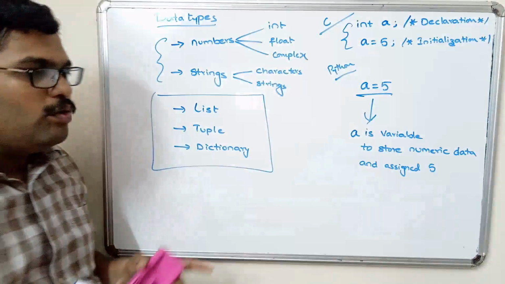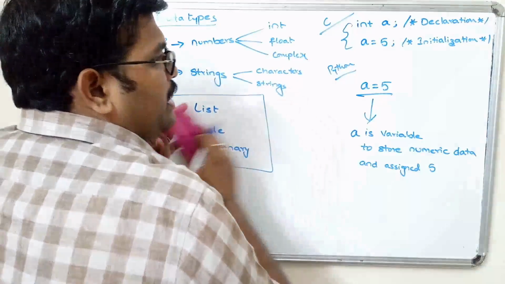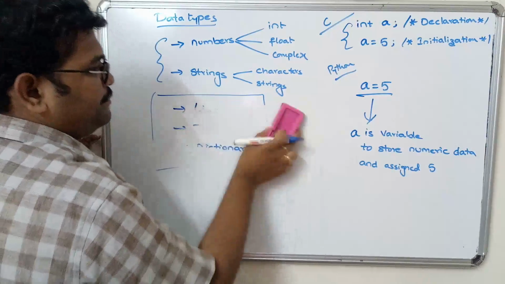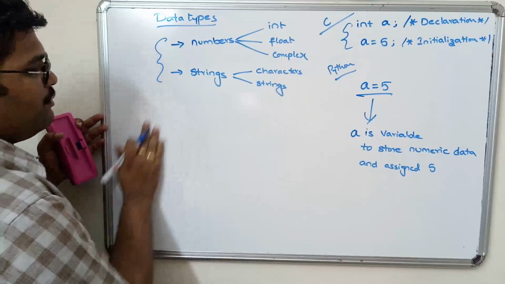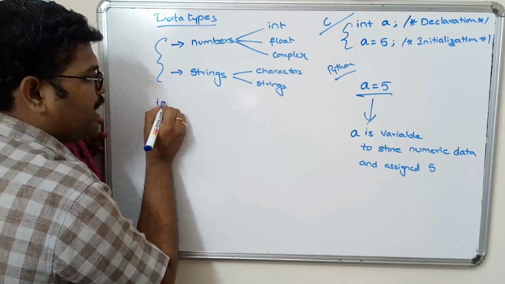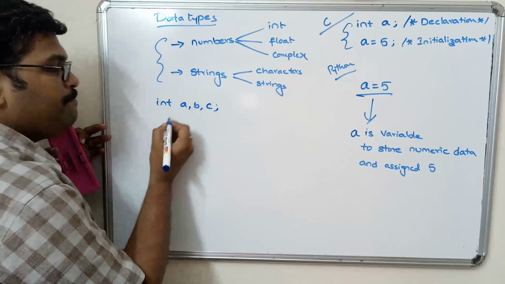If you want to add two numbers in C language, we have to declare two variables, int a, b, and also a third variable c.